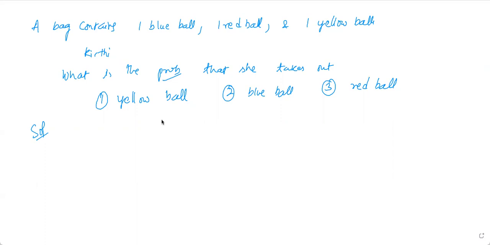Given is that the bag contains one red ball, one blue ball, and one yellow ball. So we need to find the probability of a yellow ball, blue ball, and red ball.